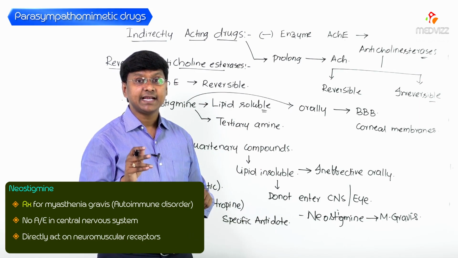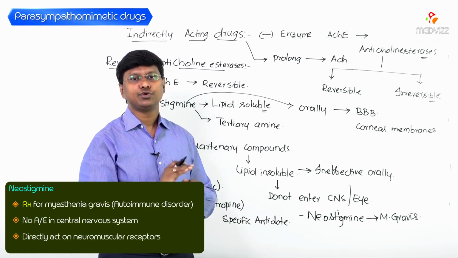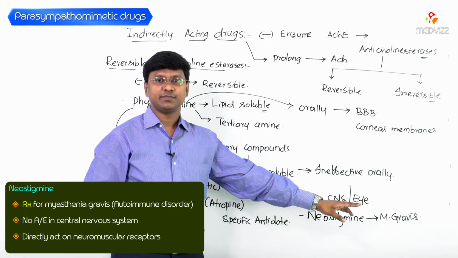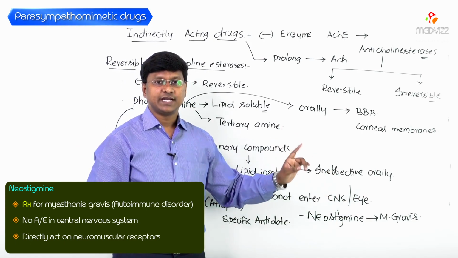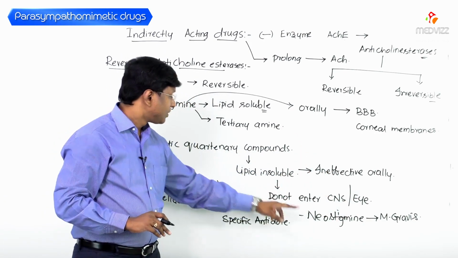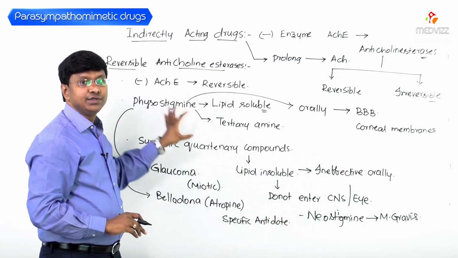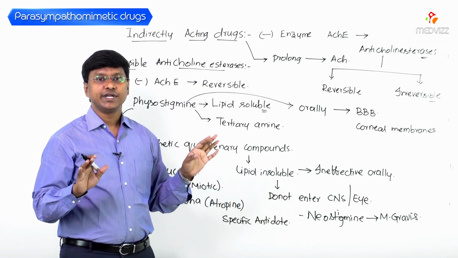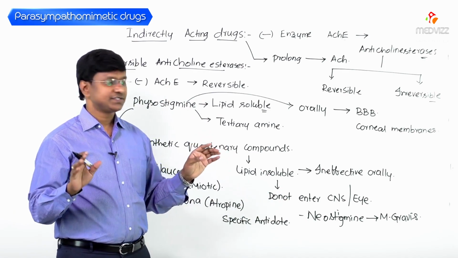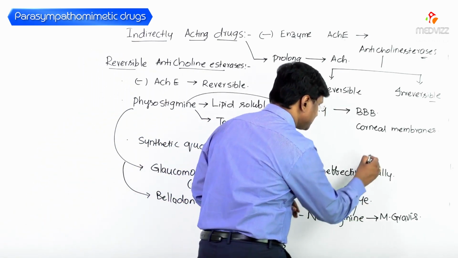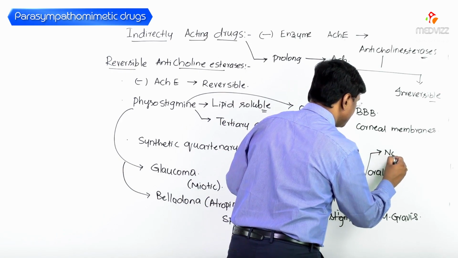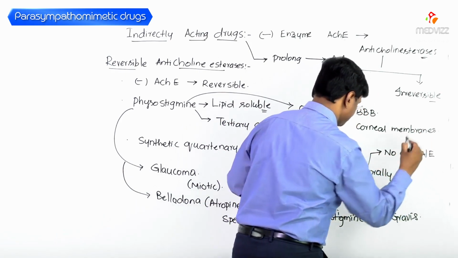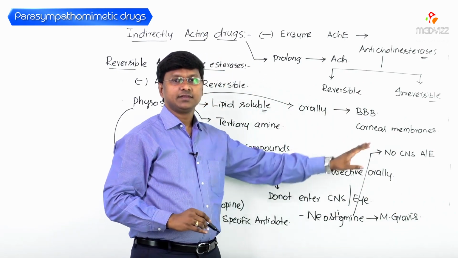It acts directly at the neuromuscular receptor, and that is why it is used in myasthenia gravis. So the advantage of Neostigmine over Physostigmine is that it does not cross the blood-brain barrier, so there are no CNS adverse effects.